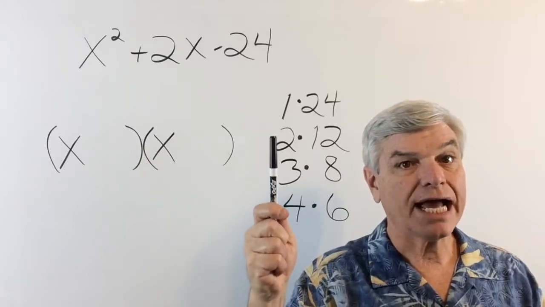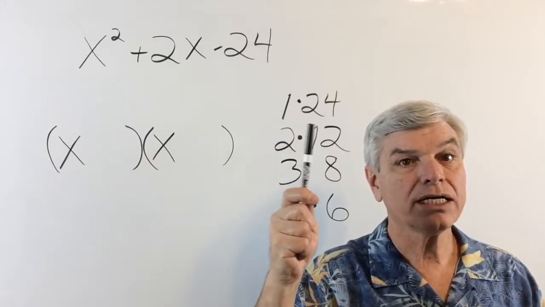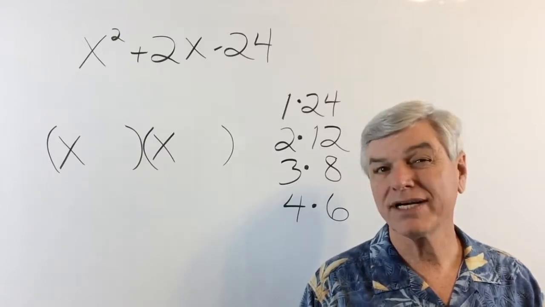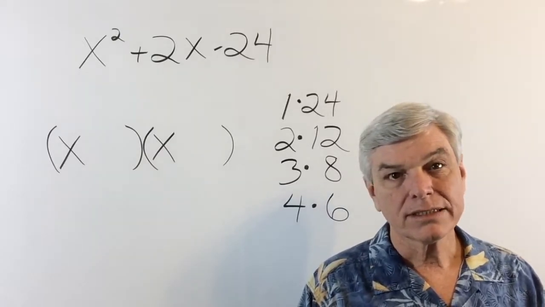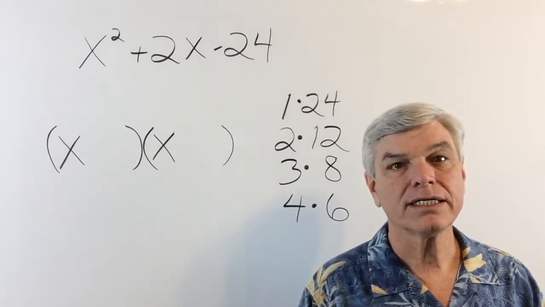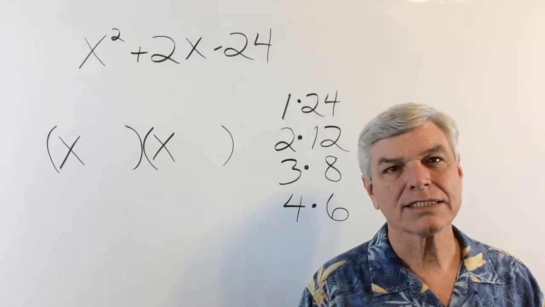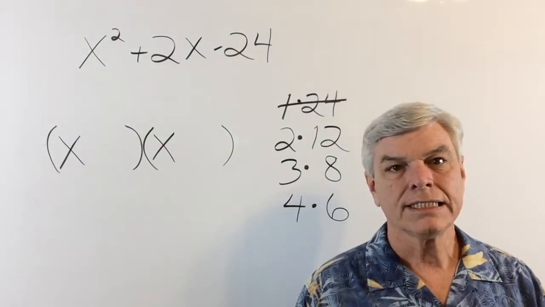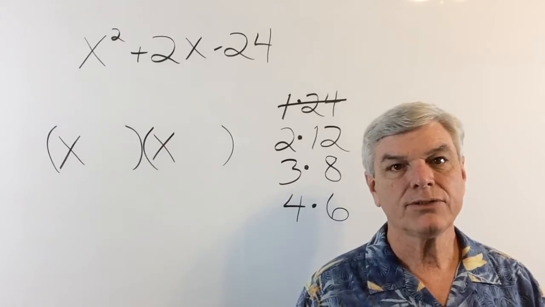So if I add 1 and 24, that's going to give me 25. That doesn't work. What if I subtract them? 24 minus 1 is 23. That doesn't work, so let's cross that out. Let's try 2 and 12. 12 plus 2 is 14.